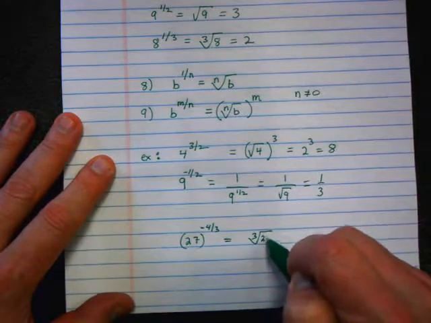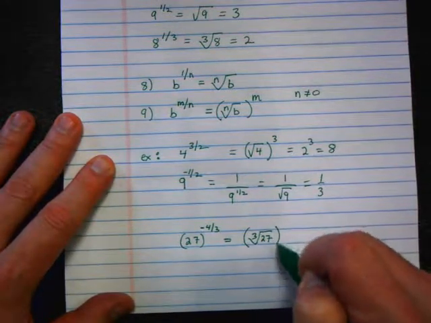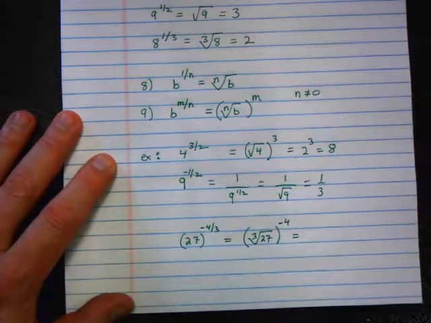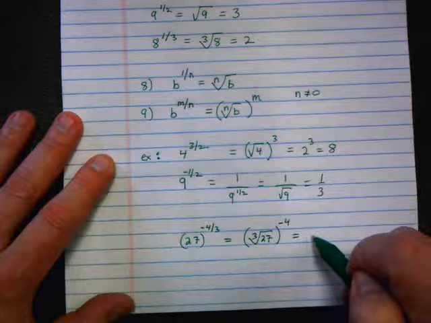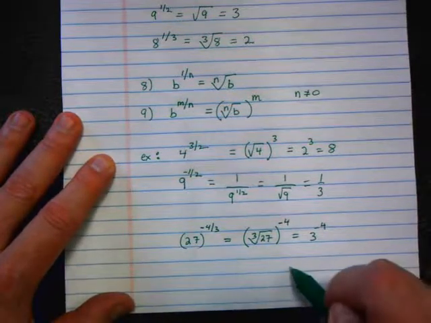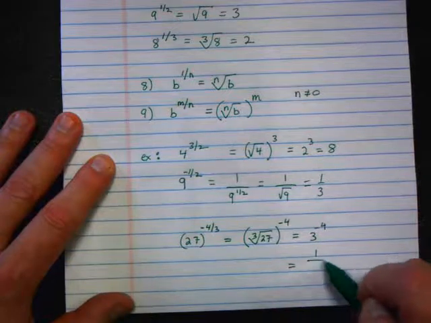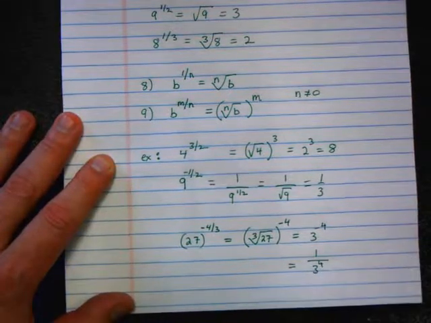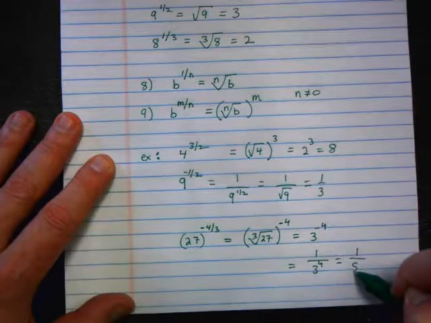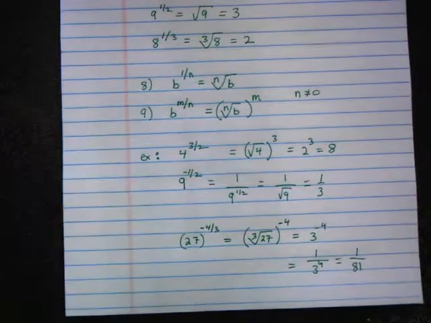So you do the cube root of 27, and then you're going to have a negative 4 power on that. Cube root of 27 happens to be a nice number. It's 3, so this is 3 to the negative 4, which is 1 over 3 to the 4th. The negative just drops that to the bottom. 3 to the 4th happens to be 81. So my final answer is 1 over 81.